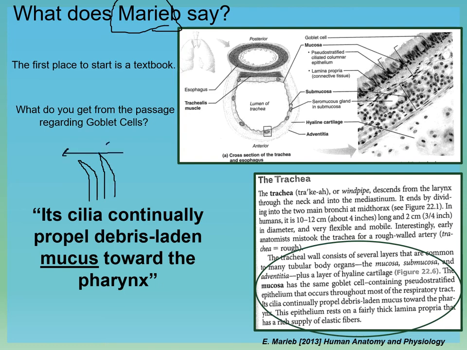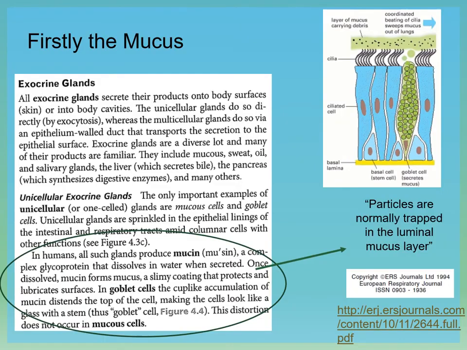So if anything got trapped in the mucus, anything that got trapped in the lining of the windpipe, the trachea, then these cilia would propel the debris-laden mucus towards the pharynx, so towards the back of the throat. It's a good start.